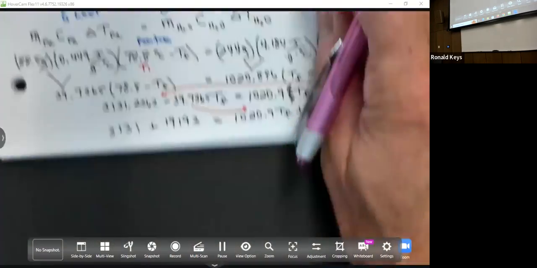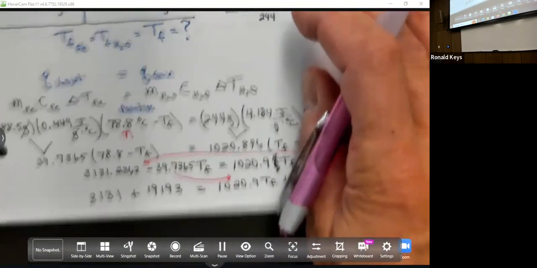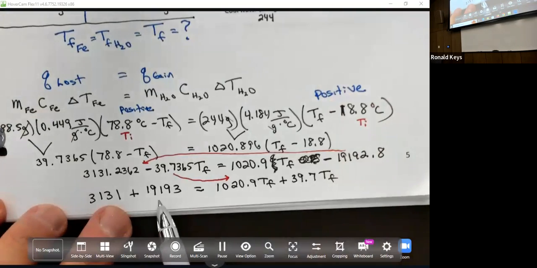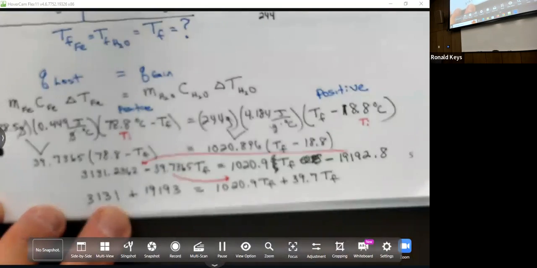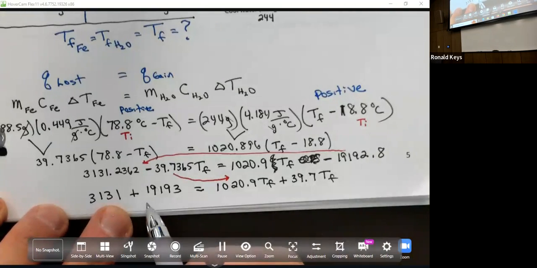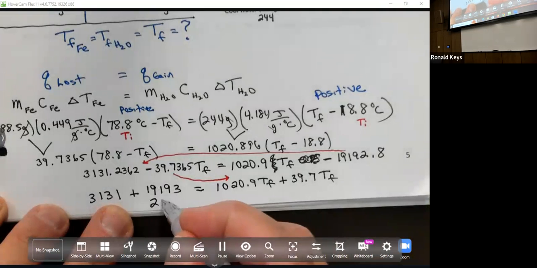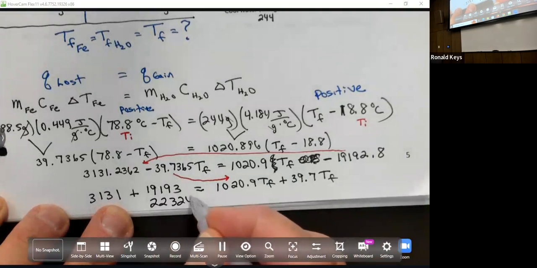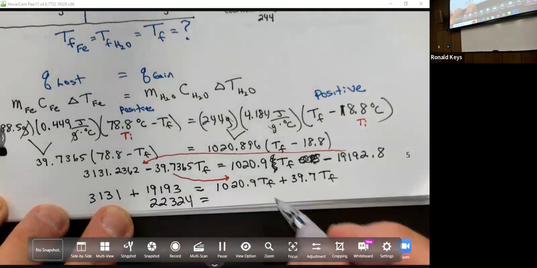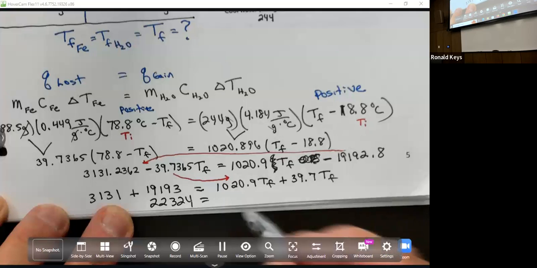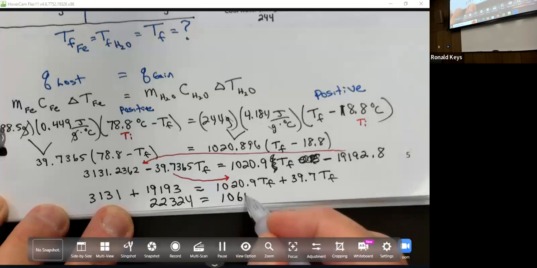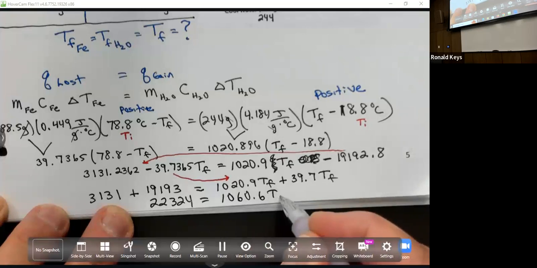Now, if I add these together, 22,324 equals 1060.6 T final.